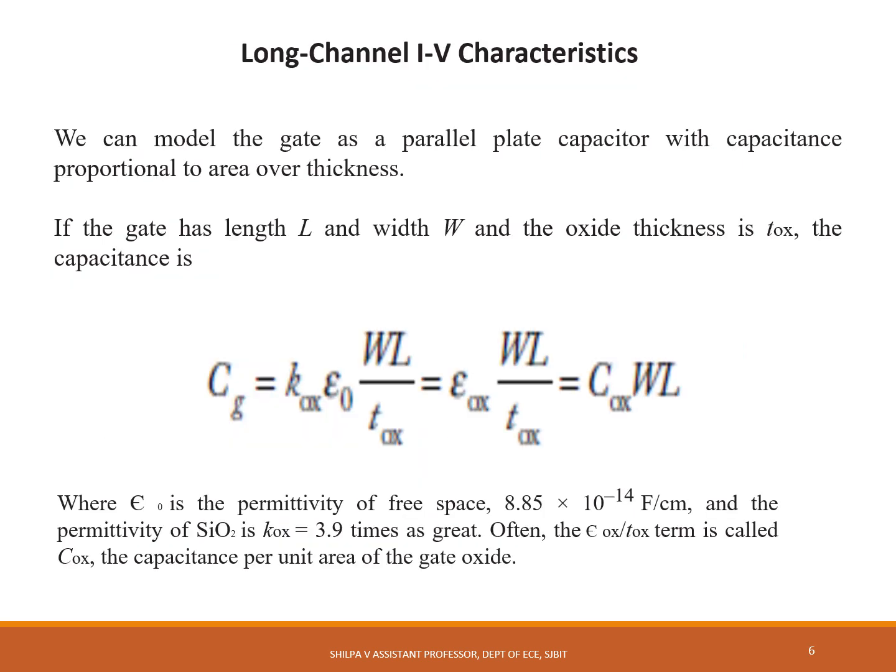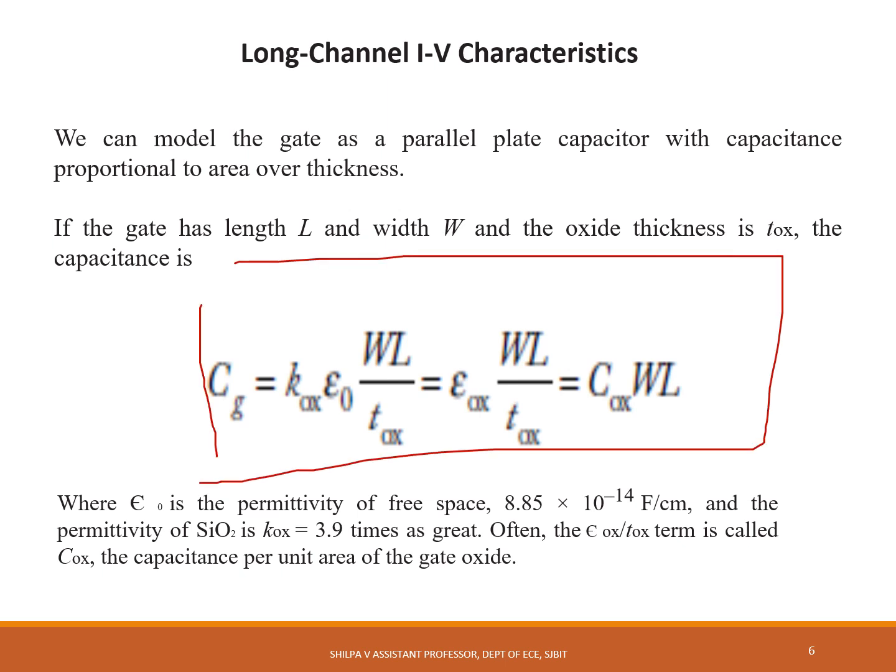The gate voltage is referenced to the channel, which is not grounded. So VC will be the average of the source voltage and the drain voltage, which is (Vd plus Vs) divided by 2.